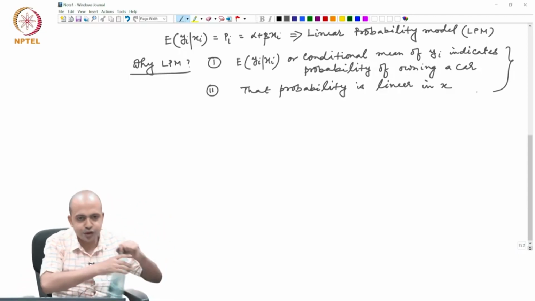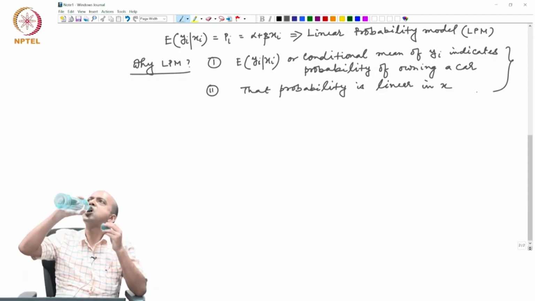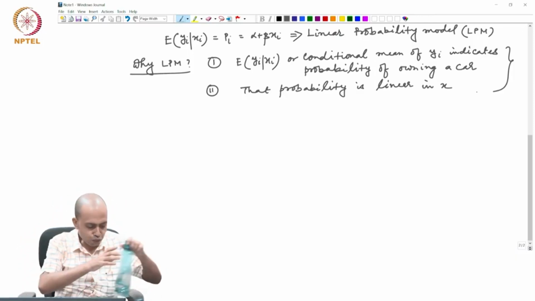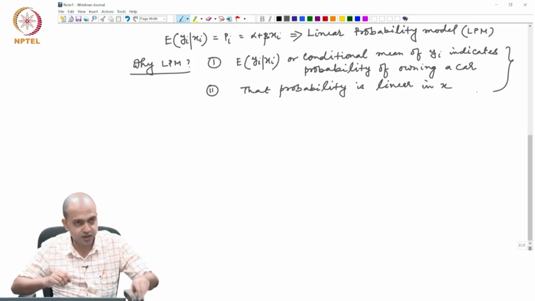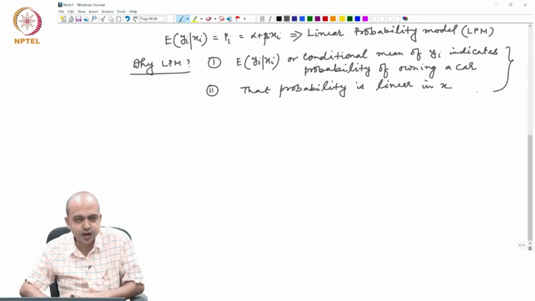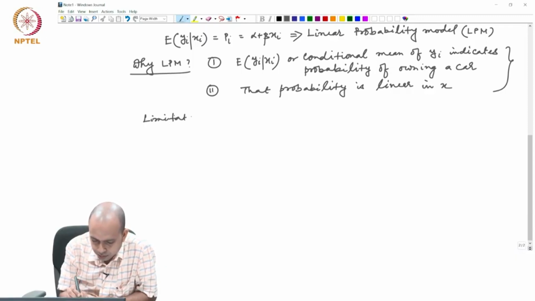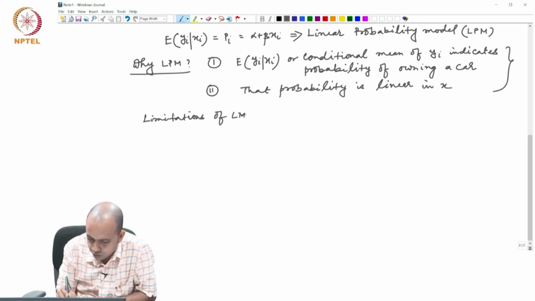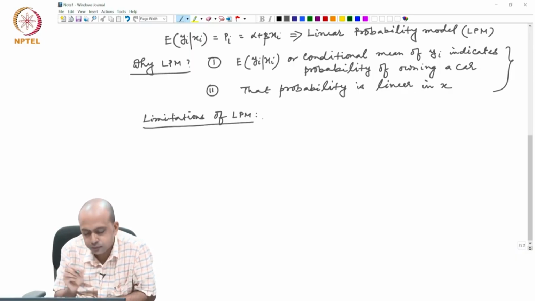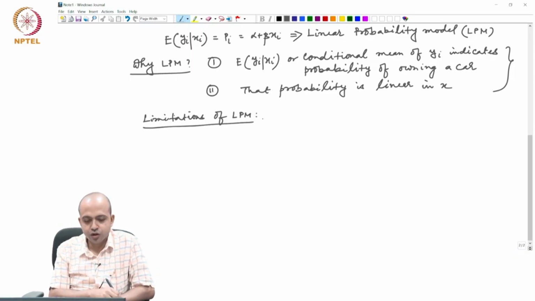Now, this linear probability model, though it is the starting point of the qualitative response models, has some limitations. What are the limitations of LPM? Can you think of them?